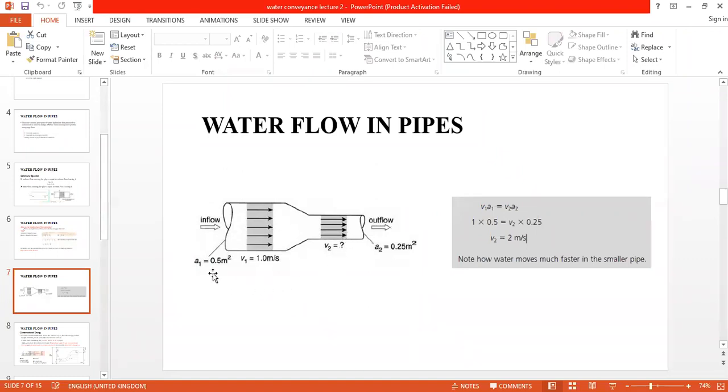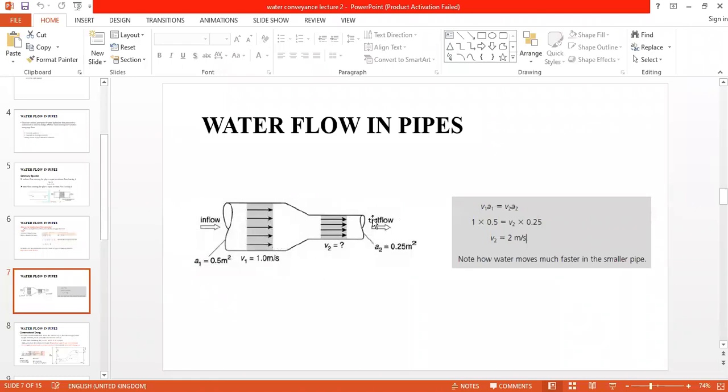So if the area at which the water is coming in is 0.5 meters squared, and the water is moving at a velocity of 1 meter per second, the discharge at the inflow will be the area multiplied by the velocity, meaning that it will be 0.5.